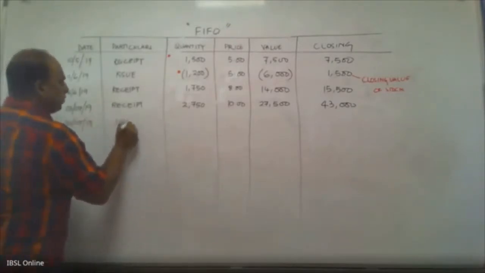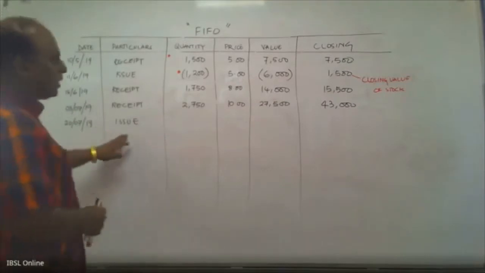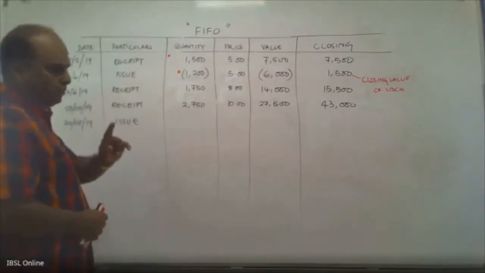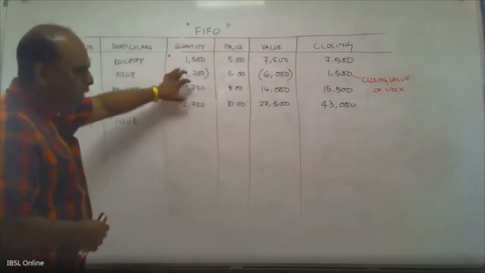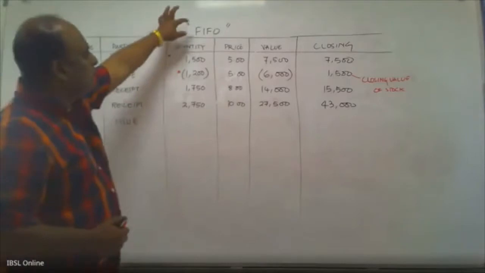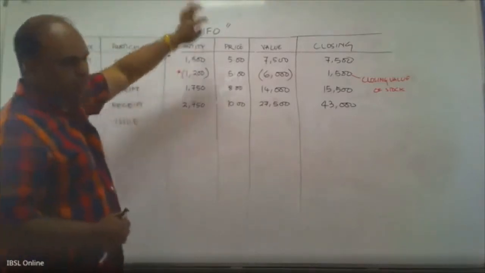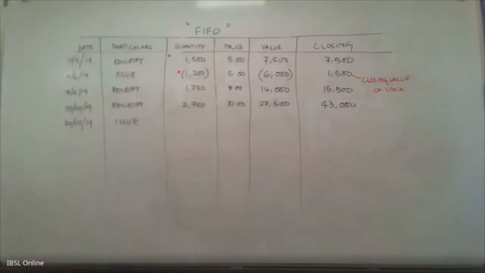Now please follow this. You have to issue 3,000 units. I can't just pick one from the basket and issue, because I'm using FIFO. Because of that, I can't just pick one and issue.